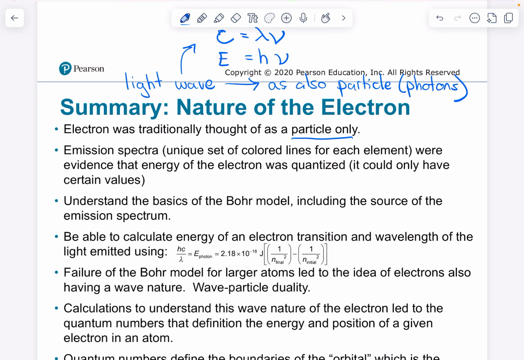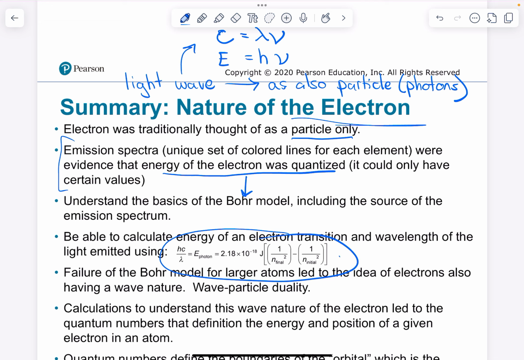Then when we're talking about the electron specifically, we take the same idea of it was originally a particle. Using the emission spectra, we verify or predict that the energy of the electrons was quantized, which leads to the Bohr model and the ability for us to calculate the different energy associated with transitions in the Bohr model.